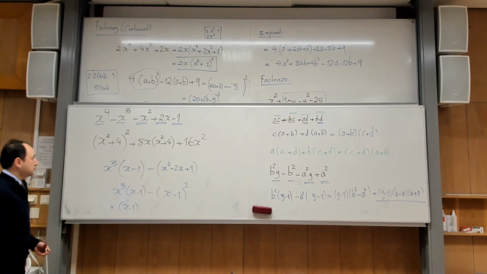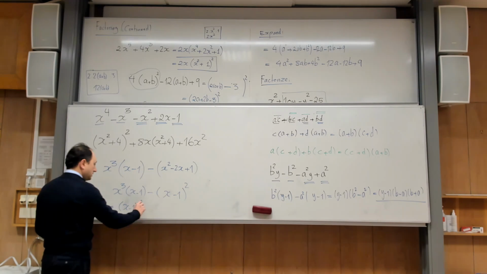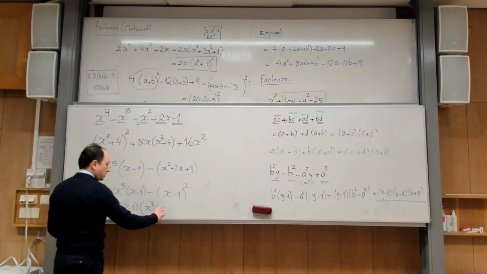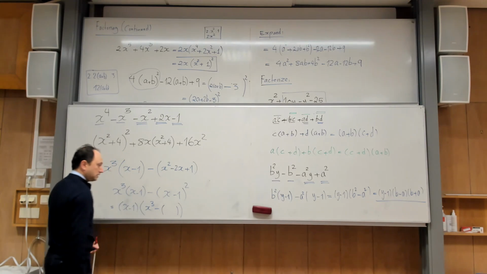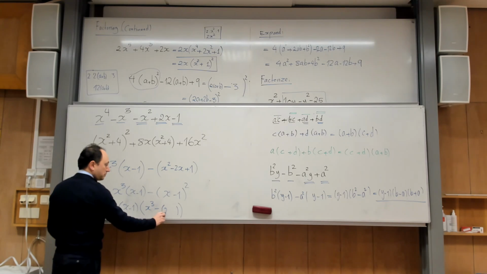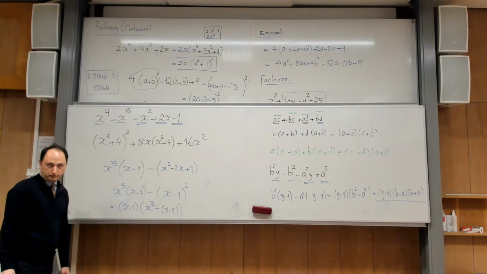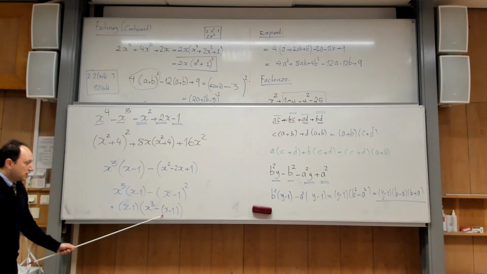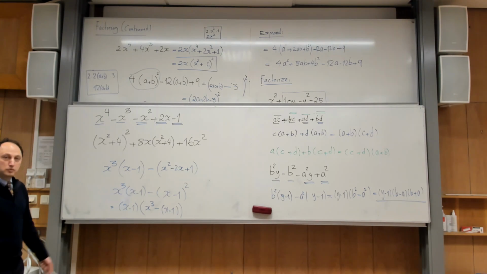So what is left for me is x to the 3 minus what is left from the second one. I had two factors of x minus 1. One of them is pulled out, one of them is left. But this is unnecessary, so I remove it.